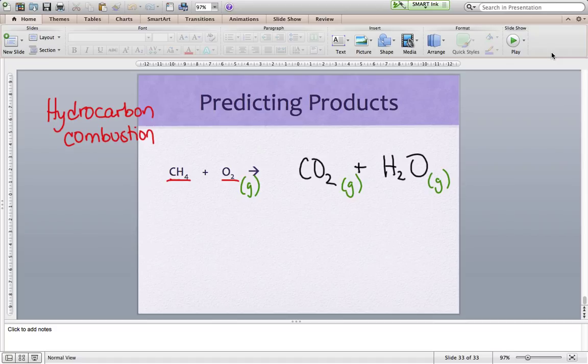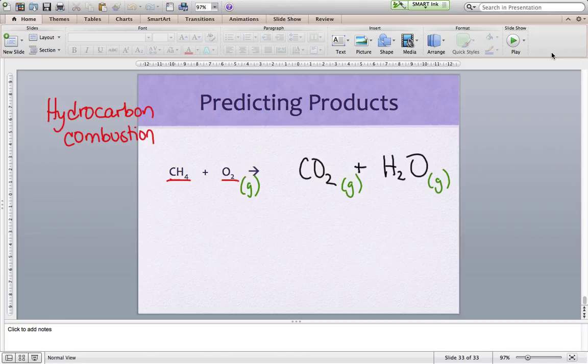You don't have a massive amount of liquid water there, that would be counterproductive. That would actually put out the flame. What you do have is water vapor. So water is a gas. That's a product of hydrocarbon combustion. So is the carbon dioxide. Carbon dioxide's always a gas for when we're predicting reactions here.